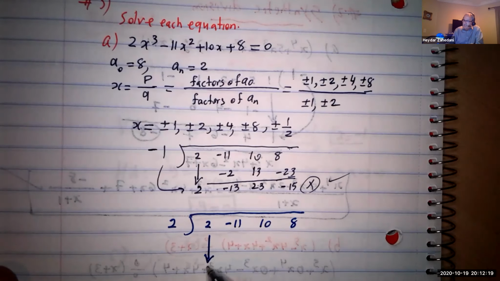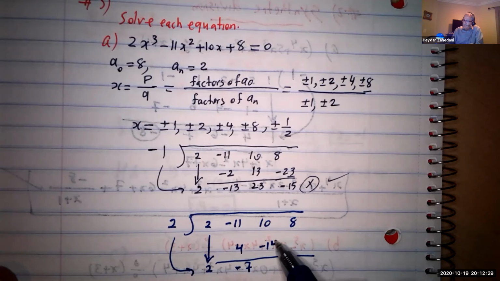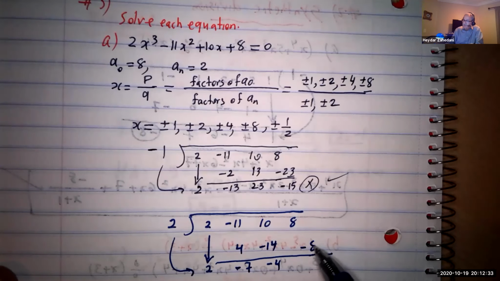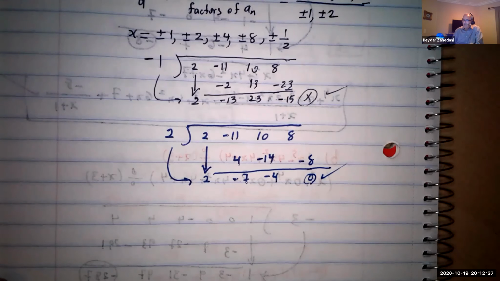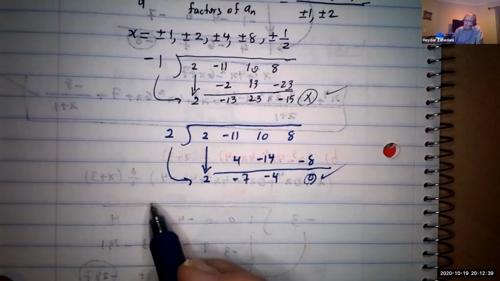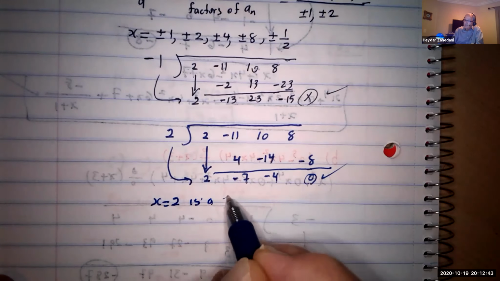You bring the 2 down and then you try it. So 2 times 2 is 4, which makes it negative 7. That gives you negative 14, which is going to be negative 4, and that gives you negative 8. So this is one of them. So x equal to 2 is a solution.